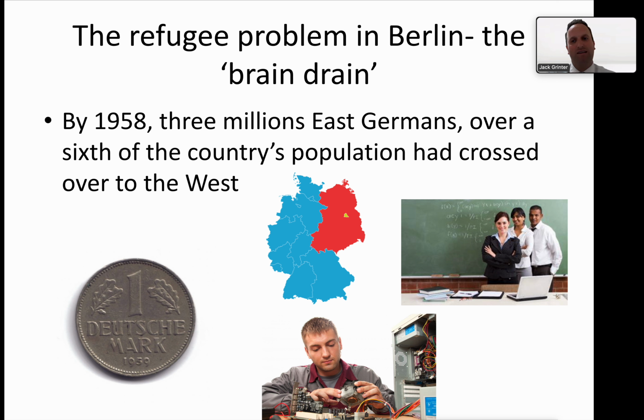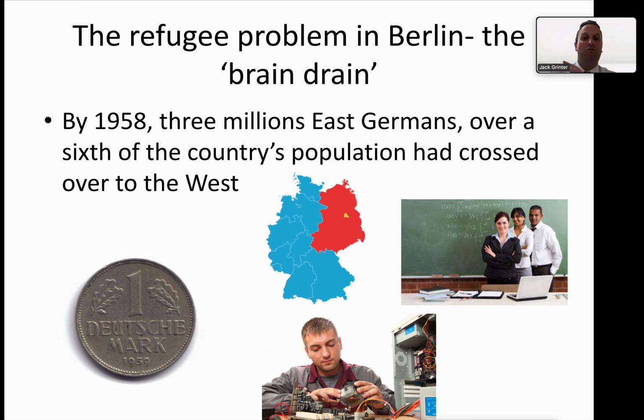It's a good stat to remember, when I spoke about aiming for grade 9, remembering statistics: by 1958, 3 million East Germans had crossed over from East to West. Mainly these are people looking for better jobs, and we can call it the brain drain, because the people leaving weren't people in their 60s or 70s that were on pensions.